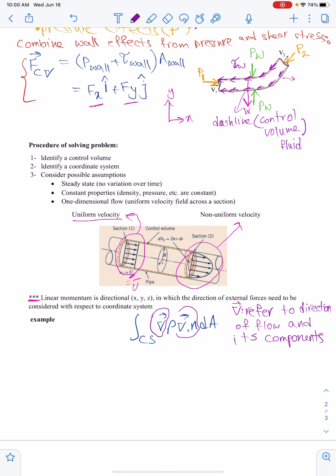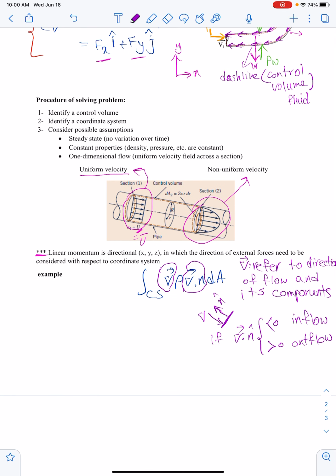However, for these terms, if V is going in and the normal is perpendicular to the surface, then the product is negative when it's inflow and positive when it's outflow, right?